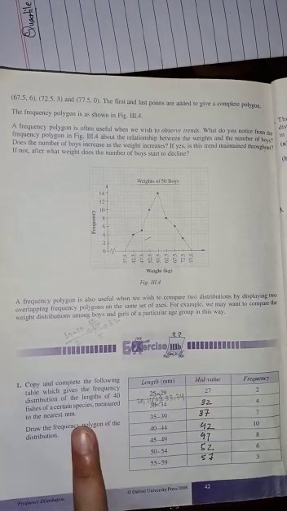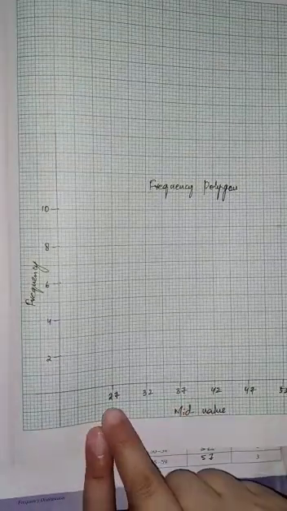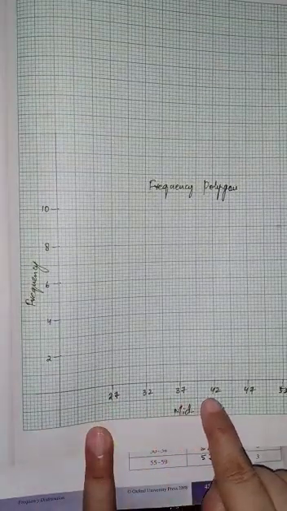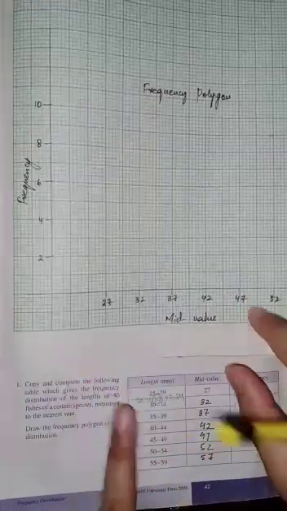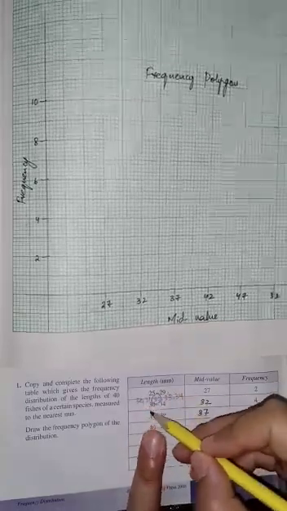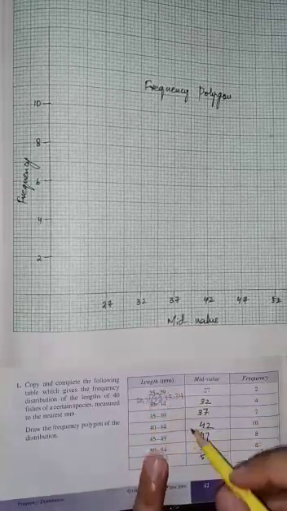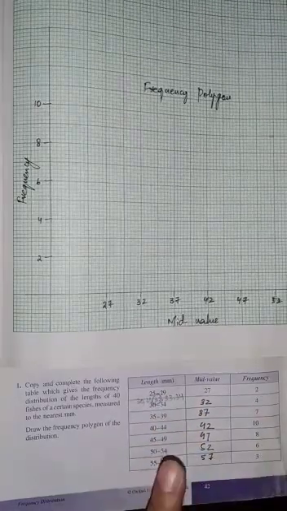The scale is not given, so the scale is up to us. Here the first value is 27, then 32, 37, 42, 47, 52, 57. The intervals are equal because we have 25 to 29, the class width is 5, and 30 to 34, the class width is again 5. So we have equal intervals as well.